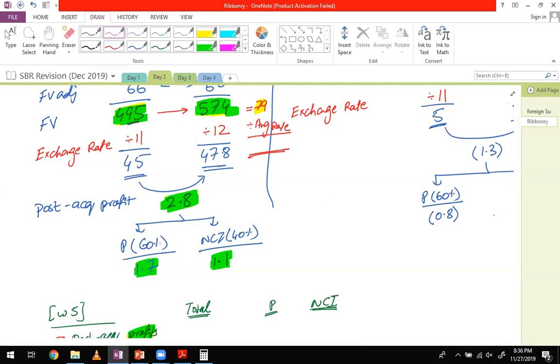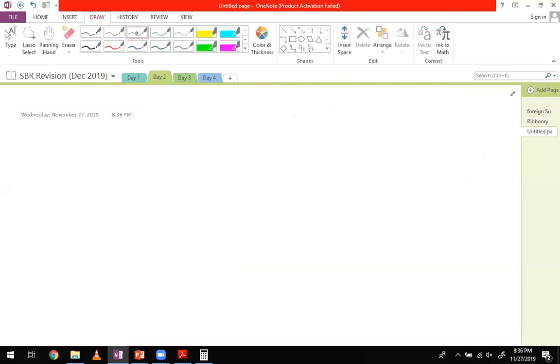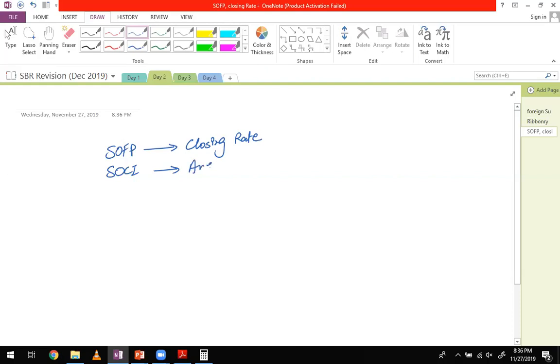So when do we use the average rate and when do we use the closing rate? The answer is simple. Anything which goes to the balance sheet, we are going to use the closing rate. And anything which goes to the income statement, we are going to use the average rate. And anything that belongs to the date of acquisition, in that case, we are going to use the rate at acquisition.